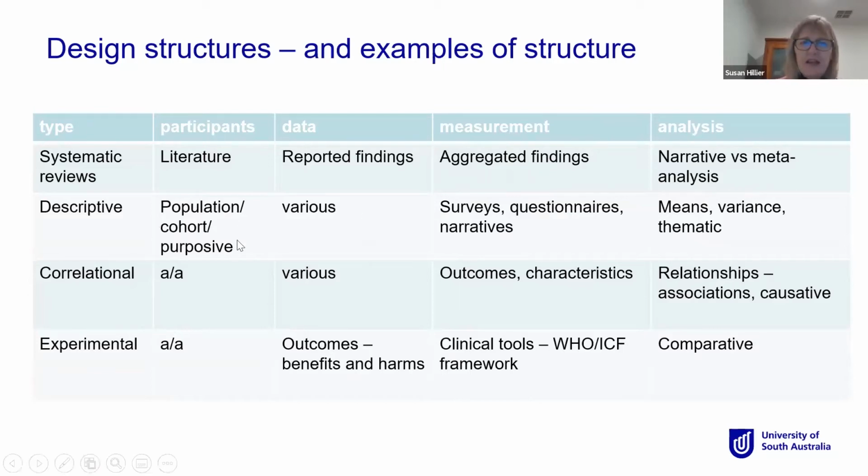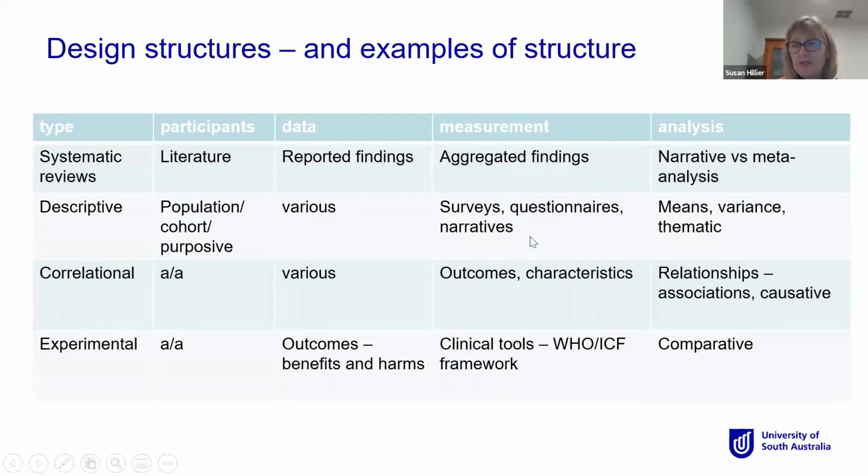Descriptive studies, on the other hand, the participants are a population or a cohort. The sampling may in fact be purposive, that we purposefully choose subjects. The data could be various, from a narrative through to quantitative data. Our measurement could be from surveys, questionnaires, and it could also be from a narrative data source where we are looking at text-based data.